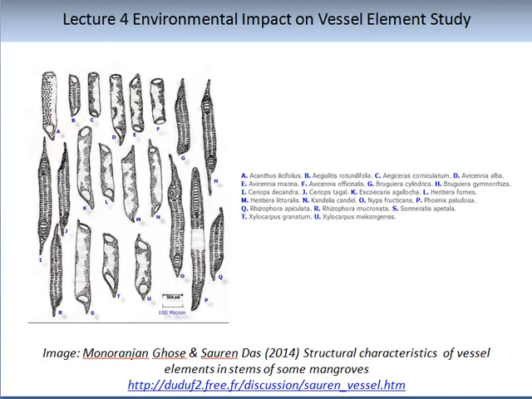The occurrence and the types of perforation plates, the end wall slopes, vessel frequency, length to width ratio and specialization index with respect to end wall characteristics of stem vessel elements were investigated. Plants were collected from 2 different ecological habitats. There was a slope which had frequent tidal influence and a ridge which only had occasional tidal influence.